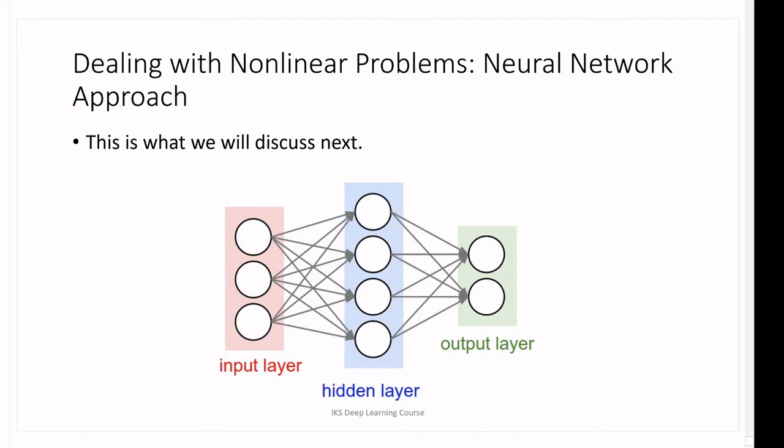In the case of neural networks, we can deal with nonlinear problems by having an architecture with one or more hidden layers. And this is what we will be discussing in the next lecture. So we will stop here.